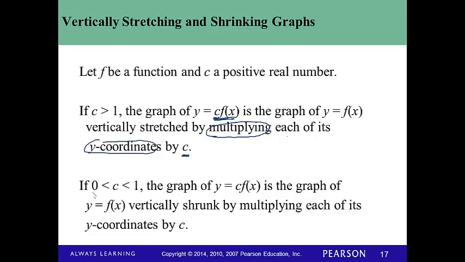And if c is in between 0 and 1, you still multiply each of the y coordinates by c. The graph would just look like it's vertically shrunk, but the steps are still the same.